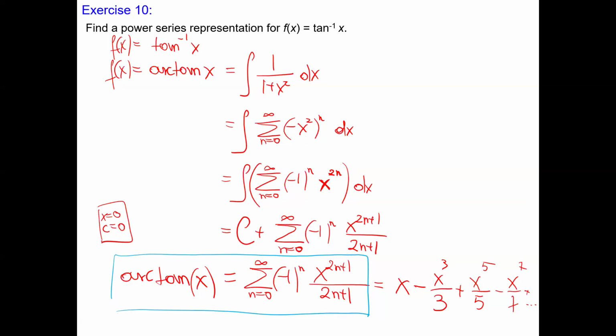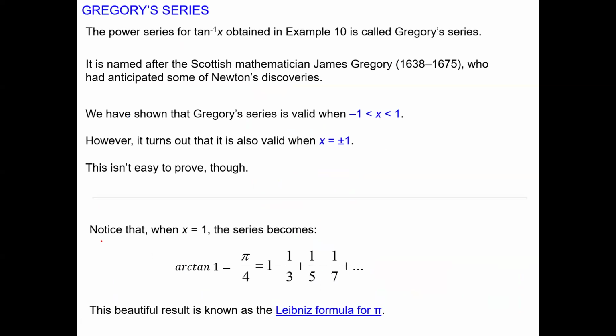Actually, in this example, number 10, the power series for arctangent, or inverse tangent, is called the Gregory series. It's a beautiful result, and it's also known as the Leibniz formula for pi.